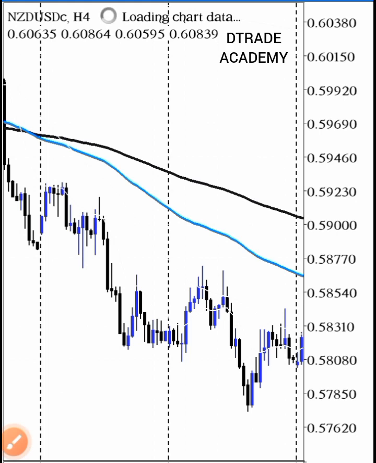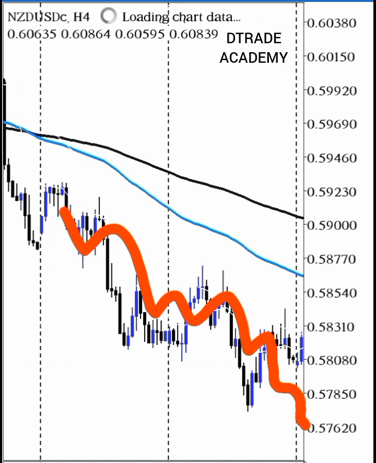So here in the Trade Academy, we try to make things as simple as possible. We use our moving average to determine the direction of the market so that we can trade with the order flow. Once price is below our moving average, you can see those two moving averages, pushing to the downside, breaking structure to the downside, that means we are in a downtrend.